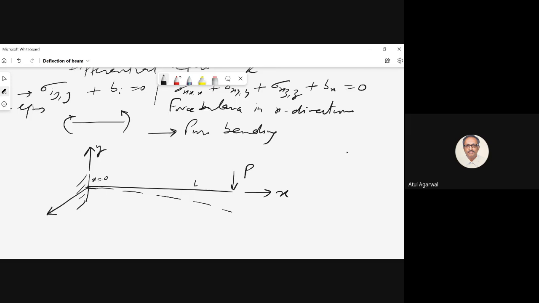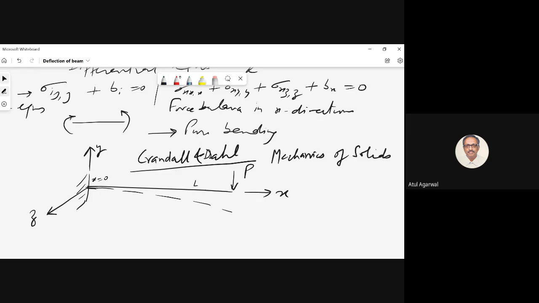Different books take different coordinate system. This is the one I like. And this is the one used by Crandall and Dahl, Mechanics of Solids. It's a good book. Other books may use downwards positive. Somehow I find this is better. Results are more consistent.